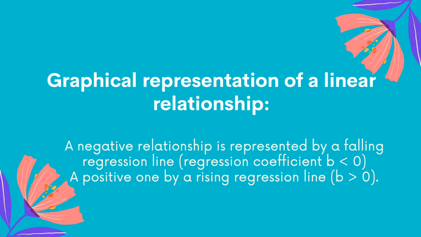The risk factors that influence the outcome can be identified, and individual prognosis can be determined. Hence, a negative relationship is represented by a falling regression line or a regression coefficient of r less than 0, and a positive one is a rising regression line with an r that is greater than 0.